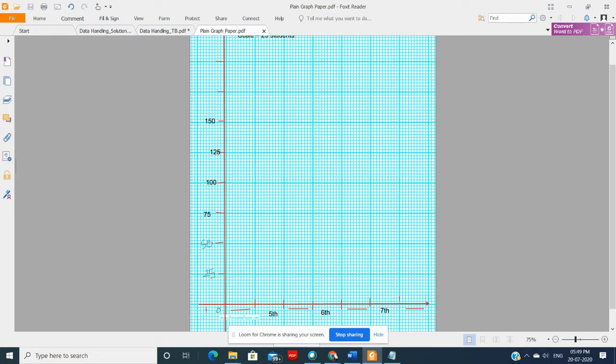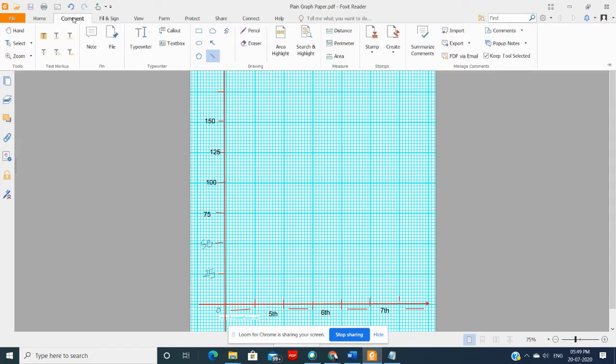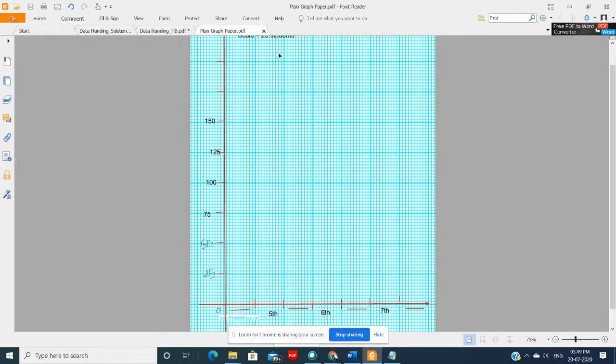If 10 boxes is equal to 25 students, then one small box, that is one small unit, is equal to how much? You can just write 25 divided by 10, that would give you 2.5. So one small box gives you 2.5.